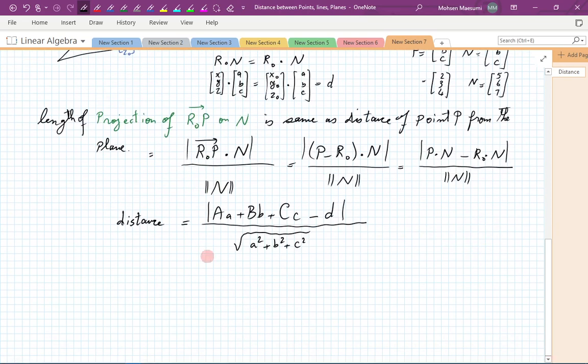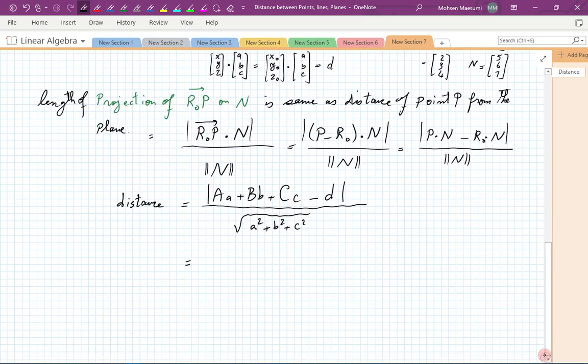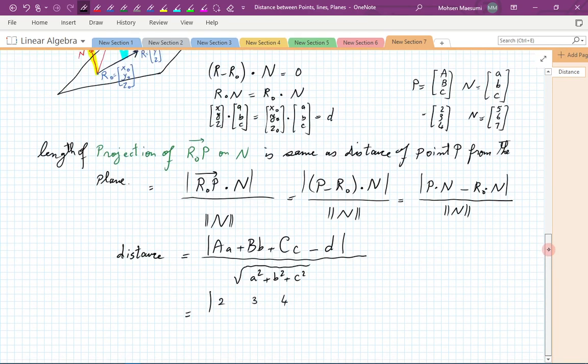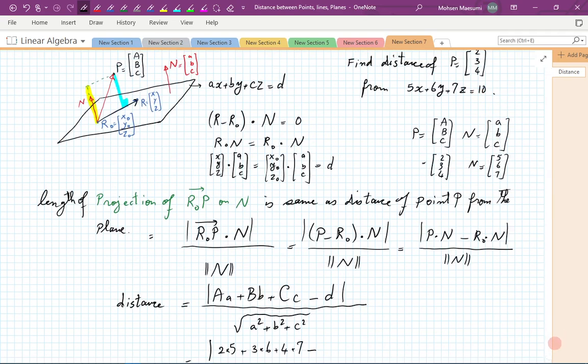So what did we say we do? Our a, b, c is 2, 3, 4. So 2, 3, and 4. They have to be multiplied by little a, b, c, 5, 6, and 7. Who's d? d is the number on the right hand side of our equation for the plane.